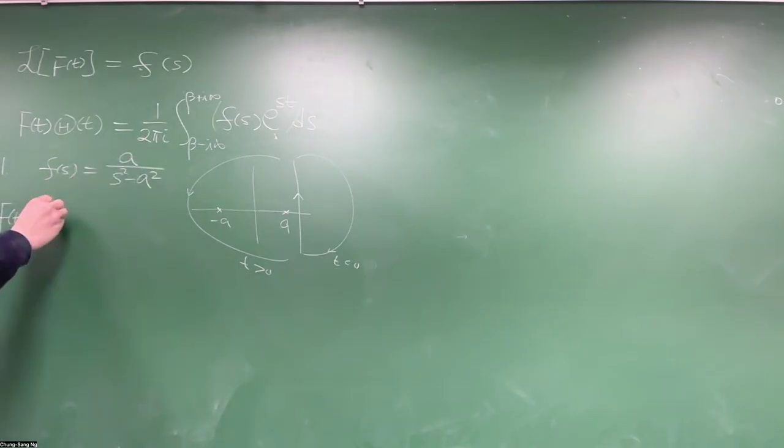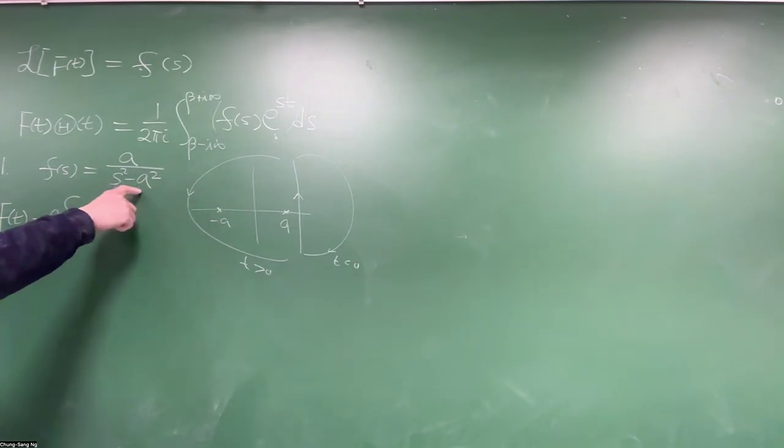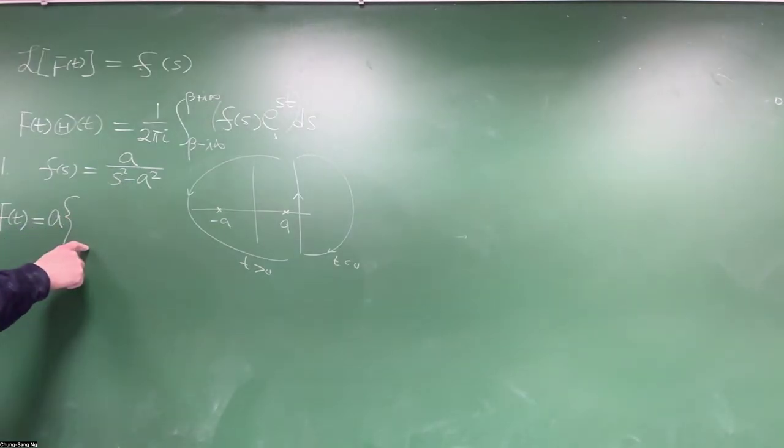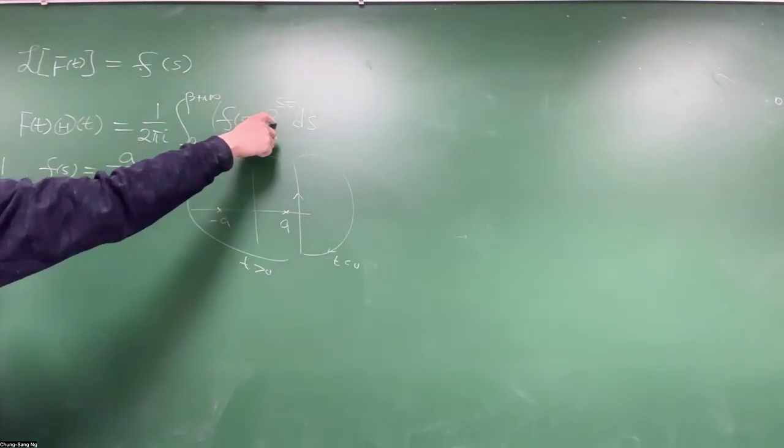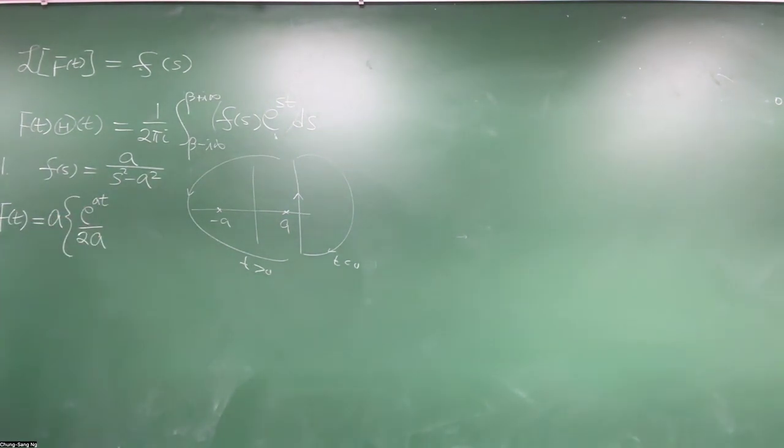So you have an overall constant A. And then there are two poles. One is S plus A, S minus A, with the exponential e to the S t. For the pole at A, you multiply by S minus A, so only S plus A is left in the denominator. You evaluate at S equals A, and you get 2A in the denominator, and the exponential function is e to the A t.